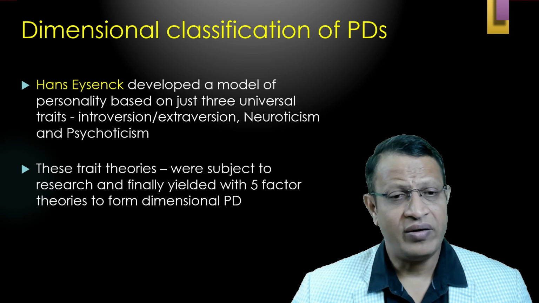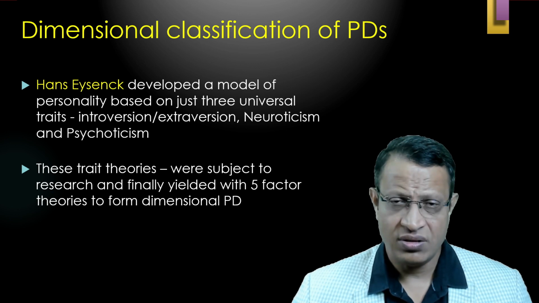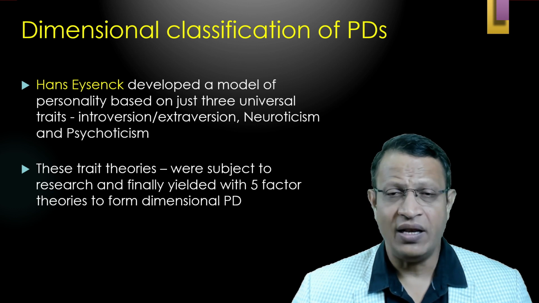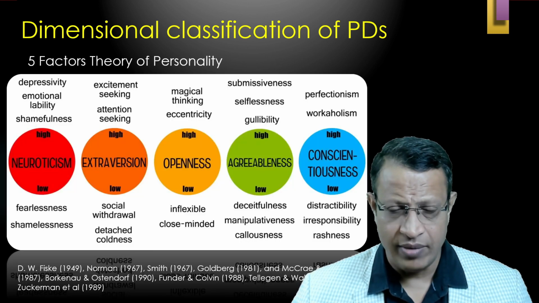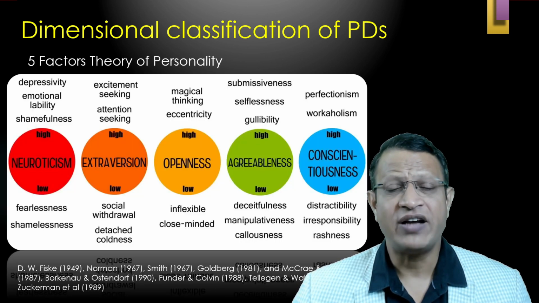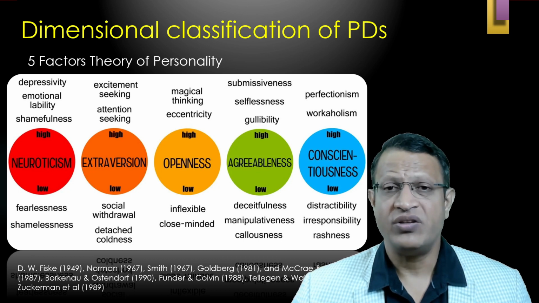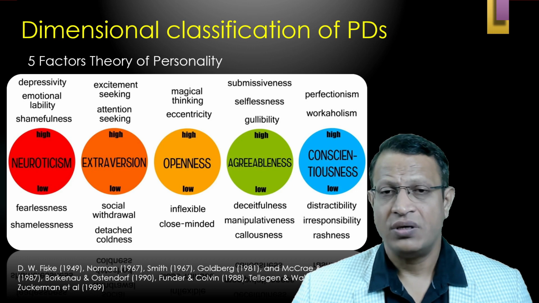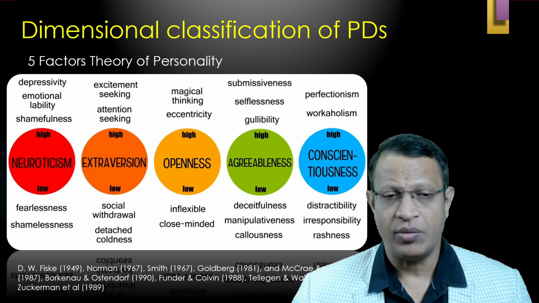These trait theories were subject to research and various statistical tools were applied, and finally, through cluster analysis, the five-factor theory to form dimensional personality disorder came. This five-factor theory has been researched very well across the globe and across the psychiatry and psychological community.